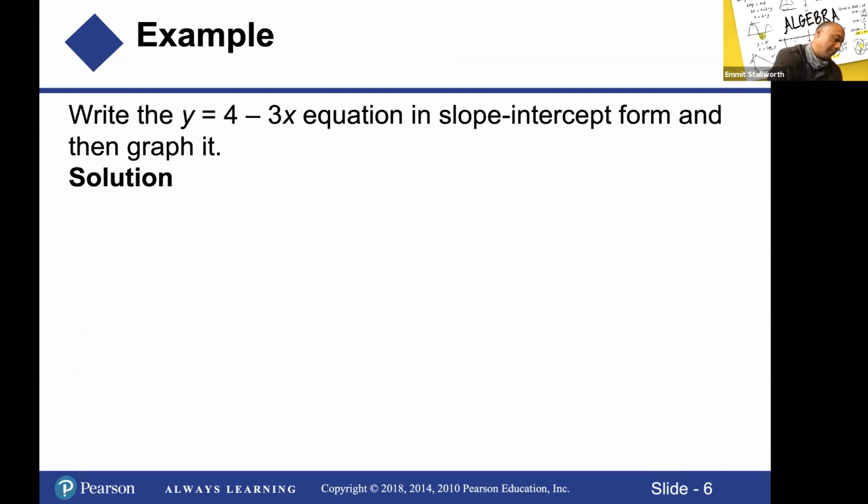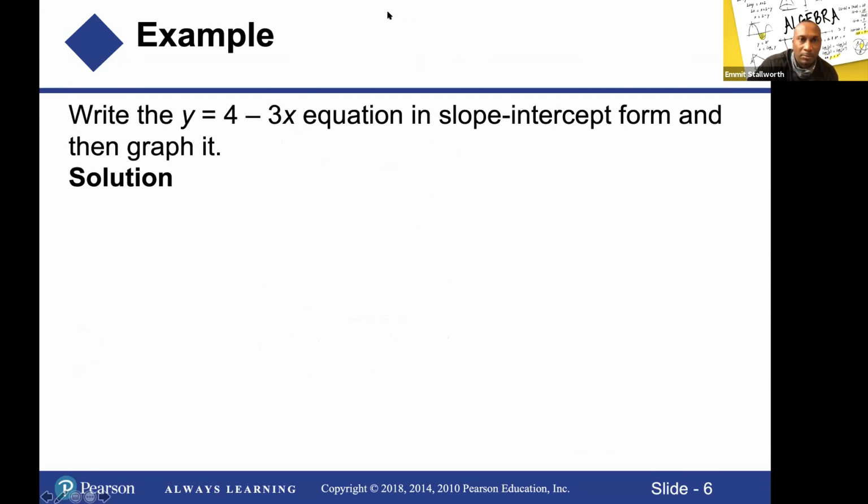So now let's say, for instance, in this case right here, I have y is equal to 4 minus 3x. Now, it's saying that you need to write this in slope-intercept form. All right.